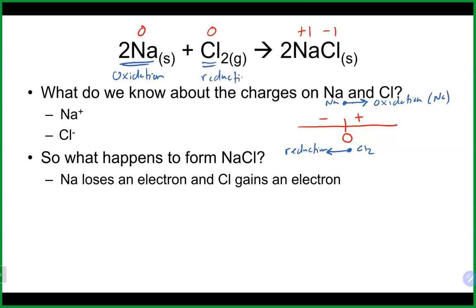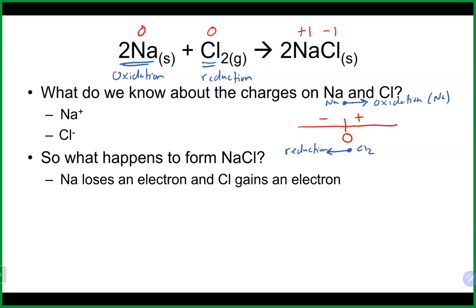Once again, this always occurs together. Whenever somebody gets oxidized, somebody gets reduced. So if you can identify half of that, the other one is doing the opposite. This is what we expect to happen, because whenever we get a metal and a non-metal together, which one should always lose electrons? It is the metal that should lose electrons, right?